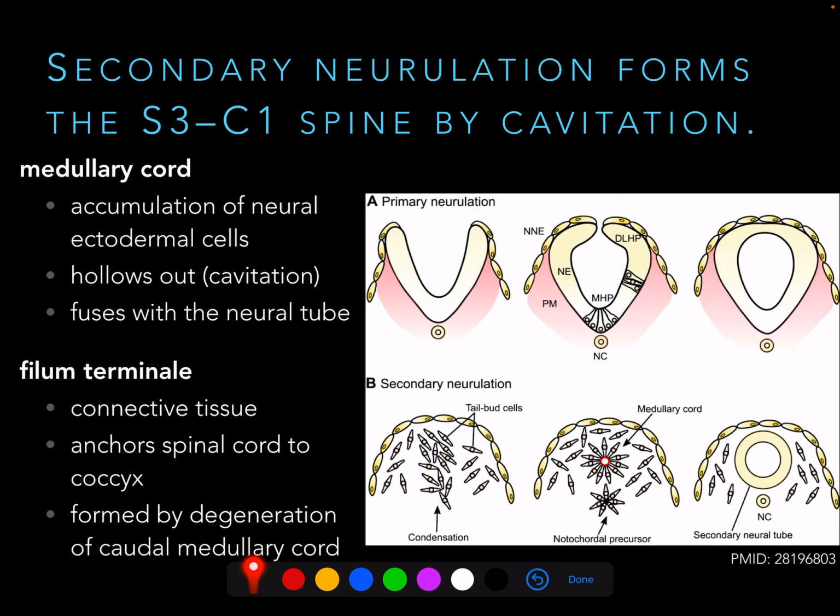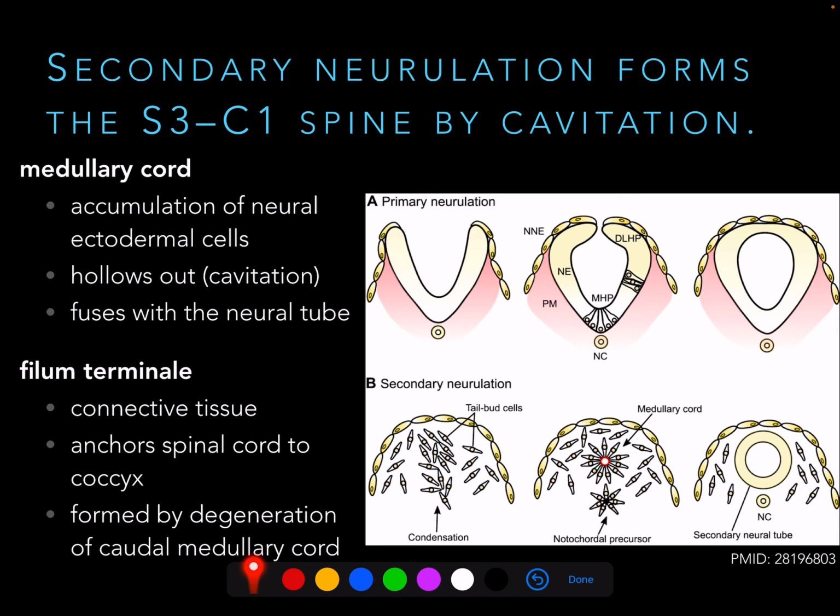So the first structure is the centrum, which is actually derived from the notochord. So not only is the notochord nifty because it anchors the neural plate through neurulation, but it also then forms our vertebral body. So first we call it the centrum, and then over here we call it the vertebral body.